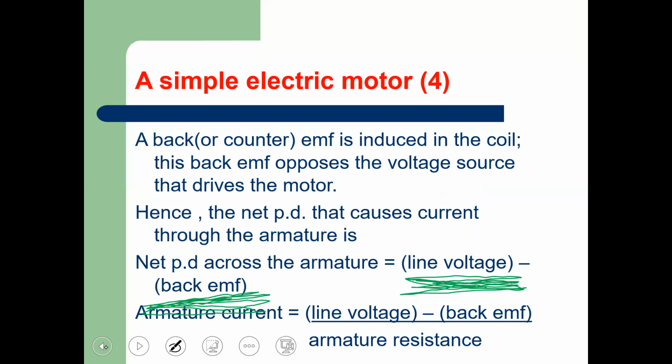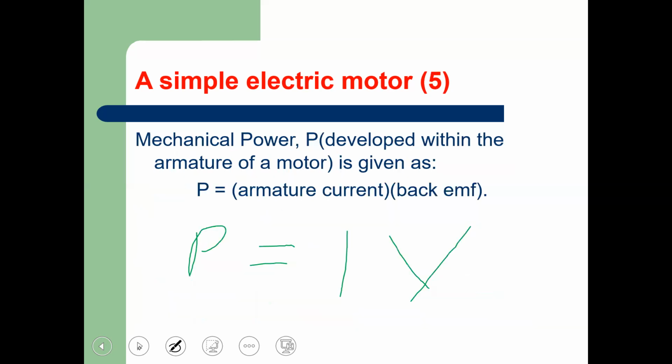We've said that the net potential difference across the armature is line voltage minus back EMF. And it is that net potential difference that helps us in determining the armature current. So now, moving forward, we are talking about mechanical power, not just any power, the mechanical power of the electric motor.